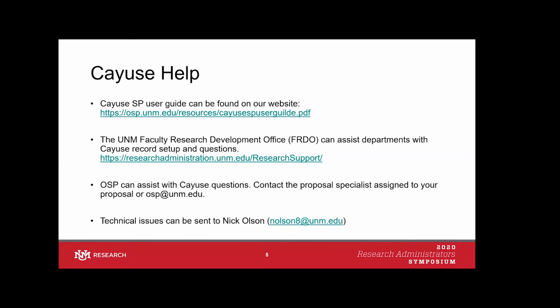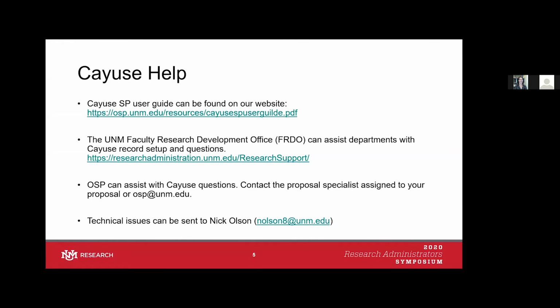You can also contact our office if you have further questions. You can either send it to whoever the specialist is assigned to the proposal, or just send general questions to OSP@UNM. And if you find any technical issues with Cayuse, you can always contact me directly. I'm the systems coordinator for OSP.